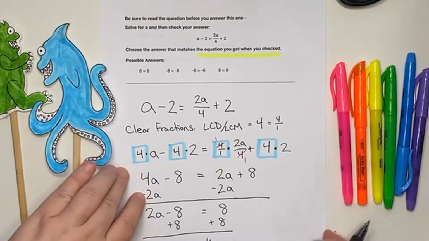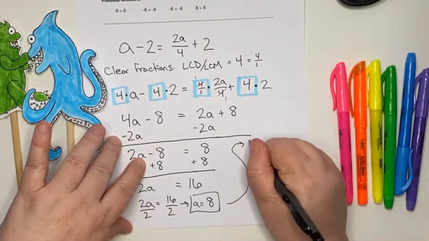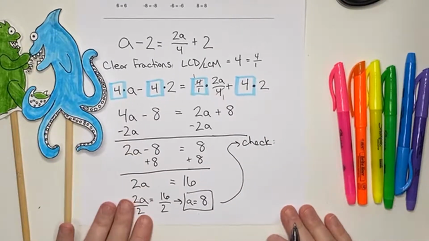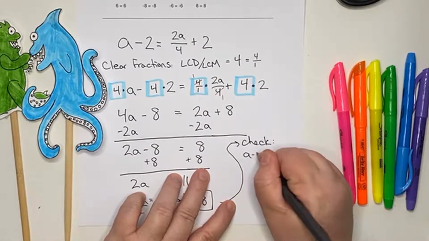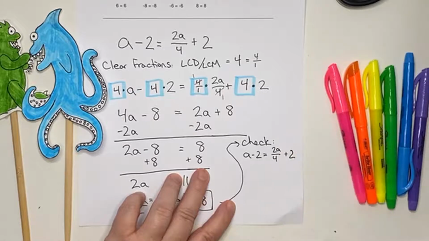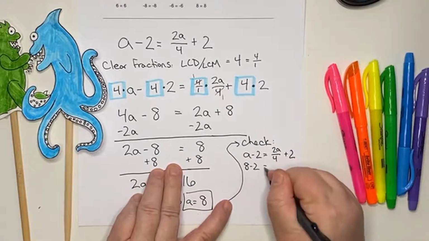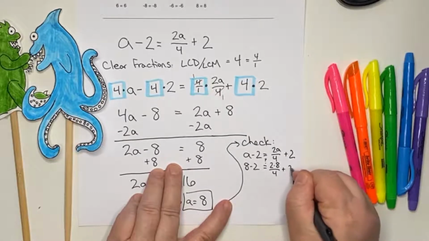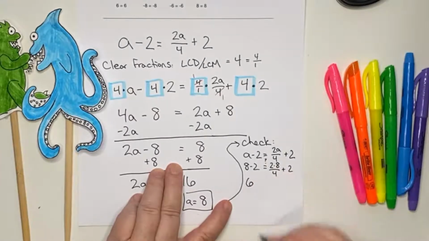So what you want to do is keep going and check. Now remember that when you check, you always check the original problem. So my original problem was a minus 2 equals 2a over 4 plus 2. So let's check. 8 minus 2, is that equal to 2 times 8 over 4 plus 2? 8 minus 2 on the left is 6.